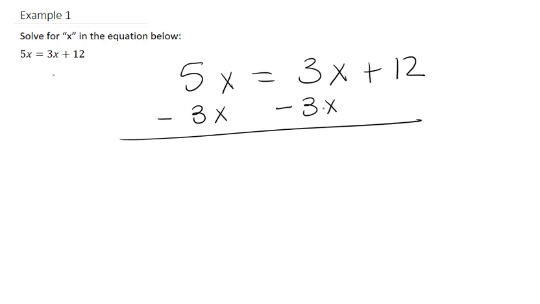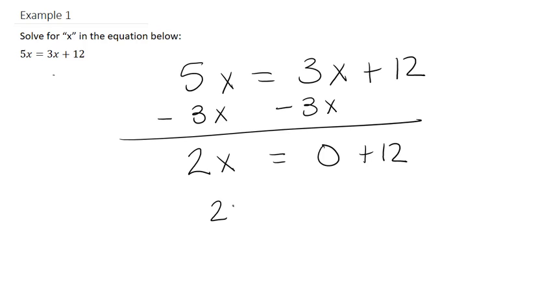So 3x minus 3x is just going to be equal to 0. Now 5x minus 3x, so it's really just 5 minus 3, which is 2x. And then on the right hand side, you have 0 plus 12. So now we have 2x is equal to 0 plus 12.